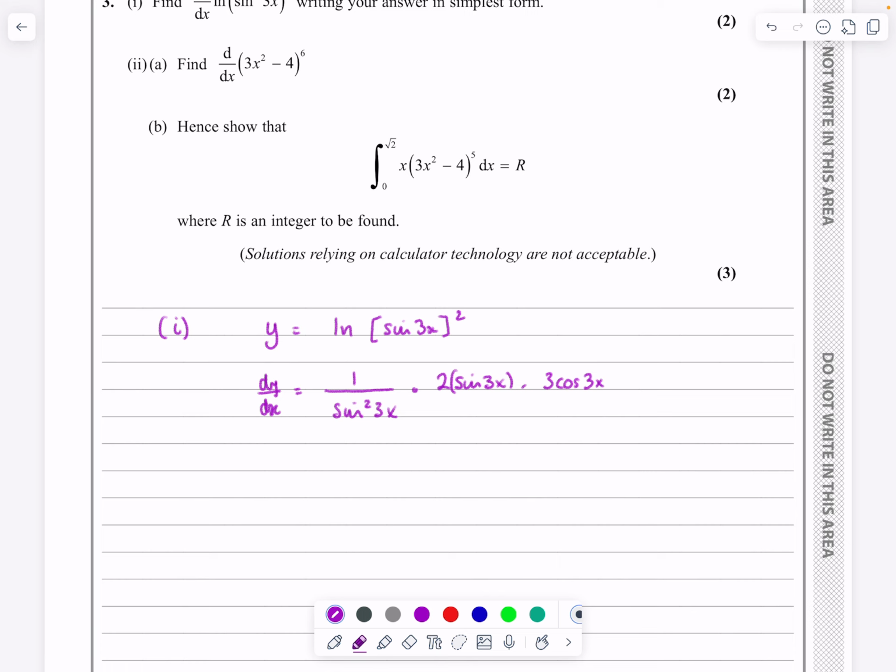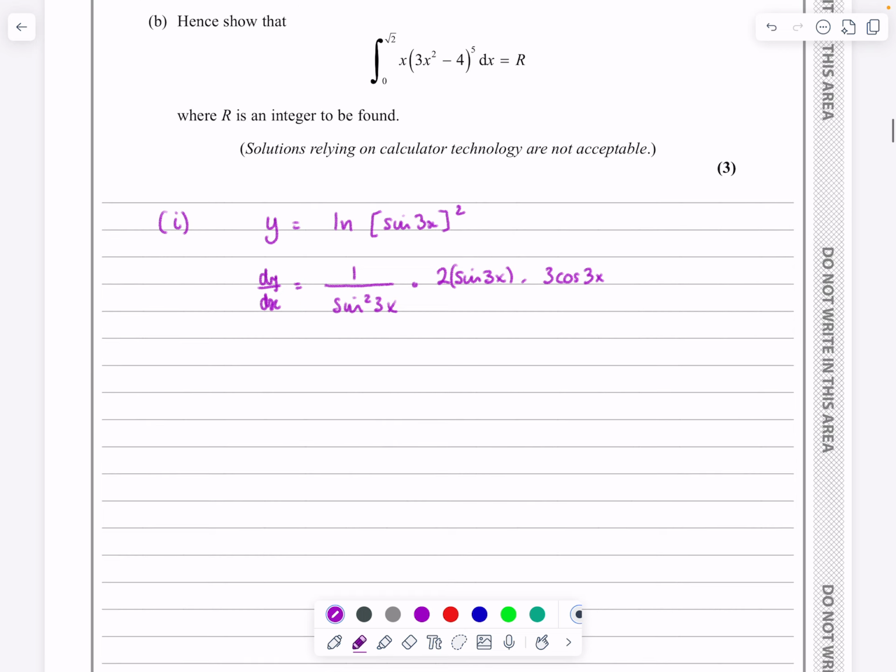So I've assumed quite a high level of differentiation skills from you to be able to do this one. Otherwise, really what you need to do is go back and do some more work on your differentiation before you get to an exam question like this. Tidying this all up, one of those sines is going to go.